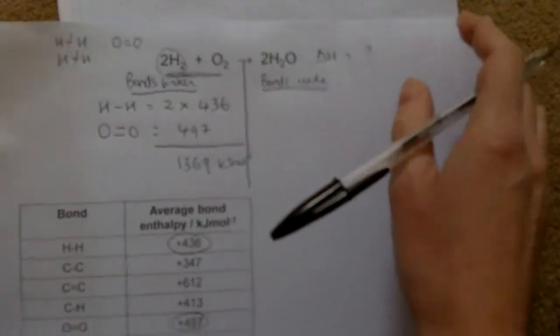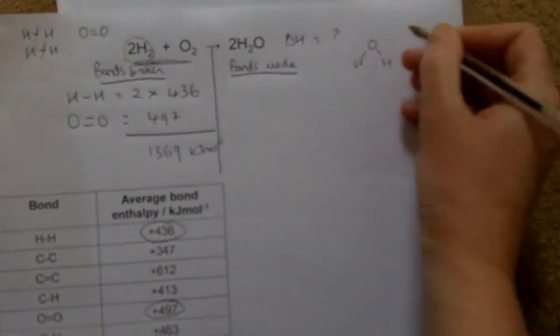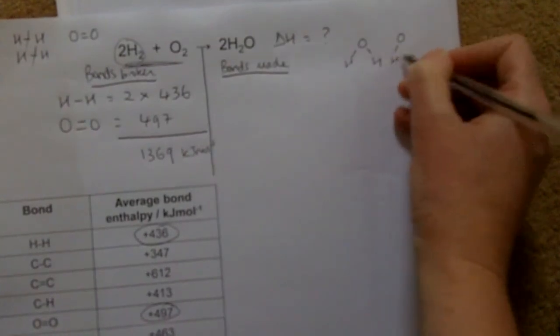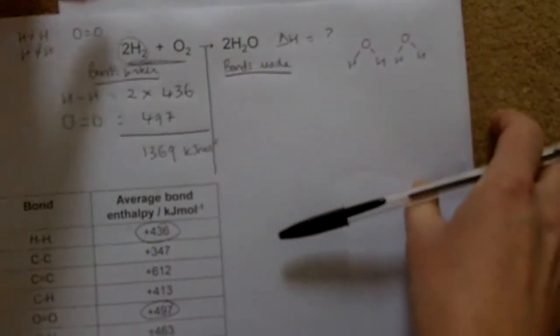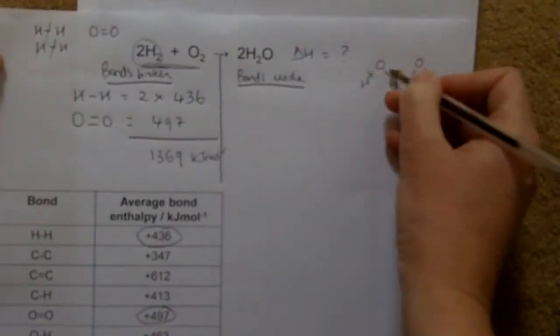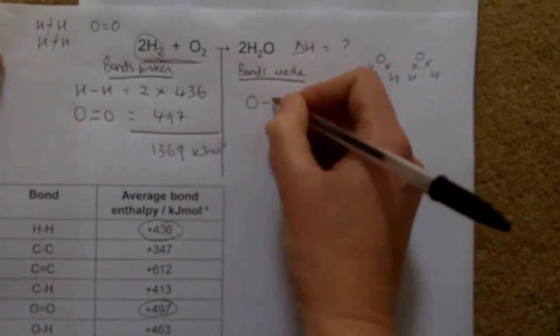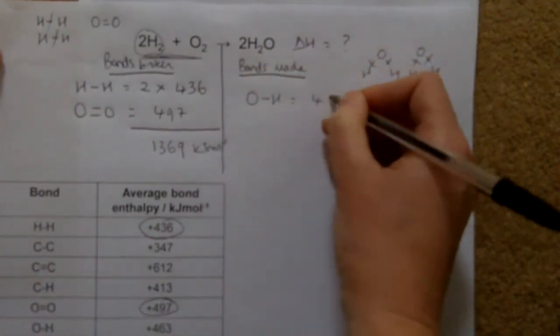So bonds made. Draw your water molecule out so you can see it, and you remember you've got 2 of them like that. So you're making 1, 2, 3, 4 OH bonds, you're making 4 of them.